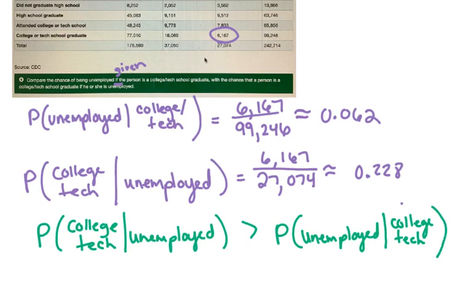And a big thing to note here is that they're not the same. So you can't swap them out and assume that those probabilities would be the same. And this is a good example here.